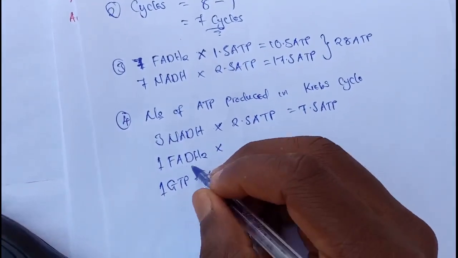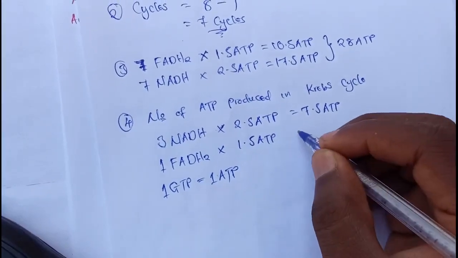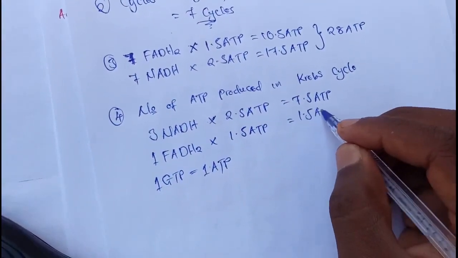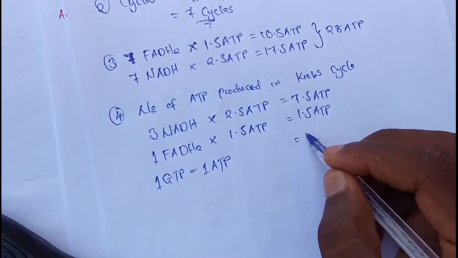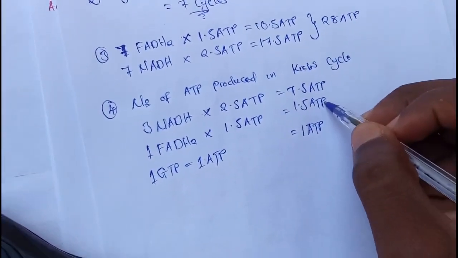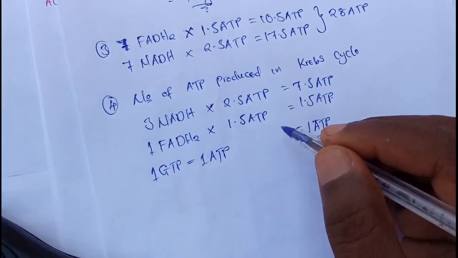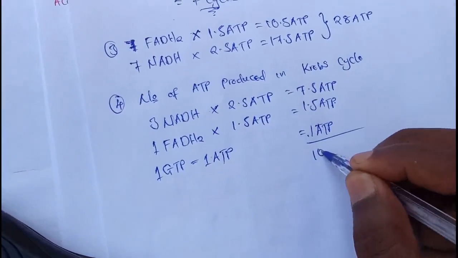All right, and then what's next? We convert the number of FADH2, so multiply by 1.5 ATP, which should give us another 1.5 ATP, and then plus 1 ATP there. So this plus that should be 9 ATPs plus 1, 10. So you should know that whenever one acetyl CoA goes through the Krebs cycle, it always gives us 10 ATPs.